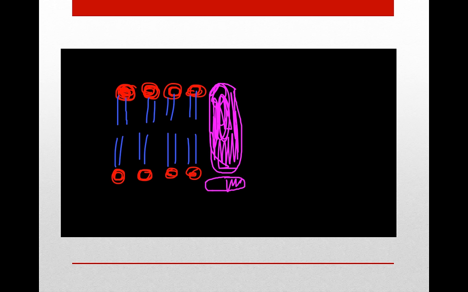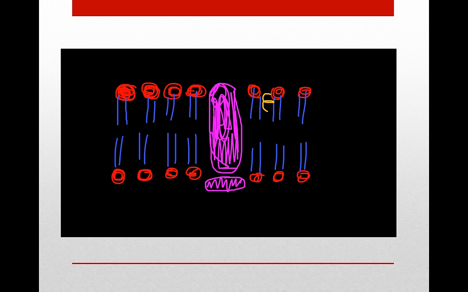And then we should draw some integral proteins, and also some peripheral proteins, which help the integral. Maybe draw some cholesterol.